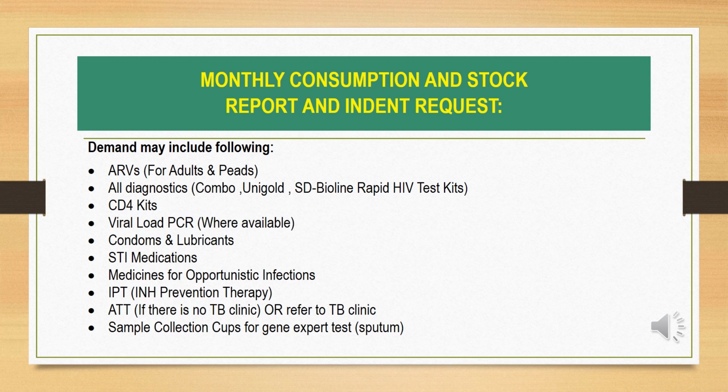The demand may include the following: ARVs for adults and pediatric use, all diagnostics like Combo, Unigold, SD Bioline rapid HIV test kits, then CD4 kits, then viral load PCR kits where it is available, condoms and lubricants, STI medications, medications for opportunistic infections, IPT, the INH for preventive therapy, ATT if there is no TB clinic or referred clinic for TB drugs.